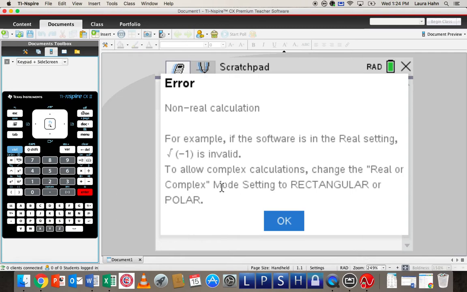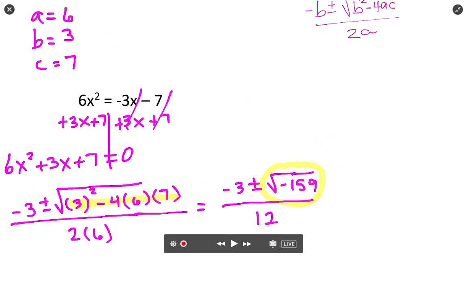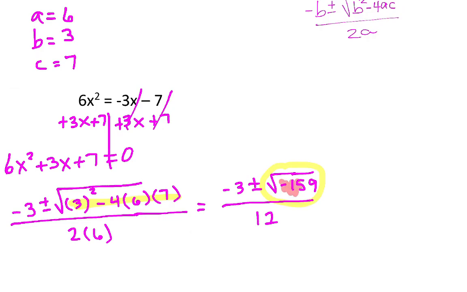So if you ever get a negative inside the radical, you can go ahead and stop because you can't do it.